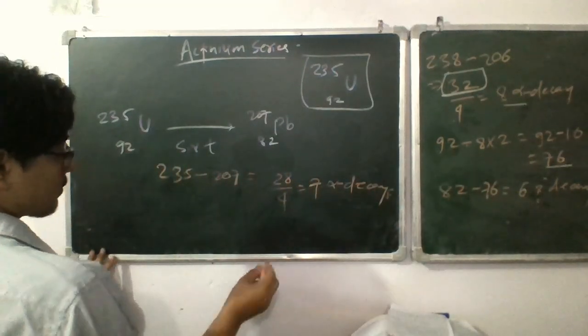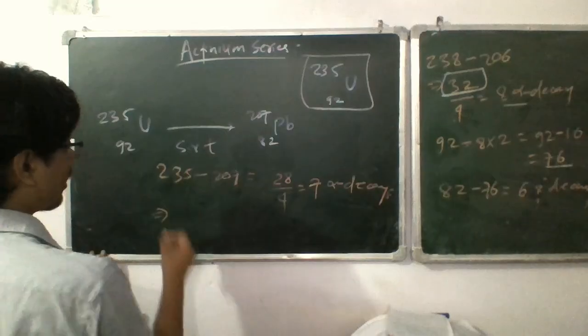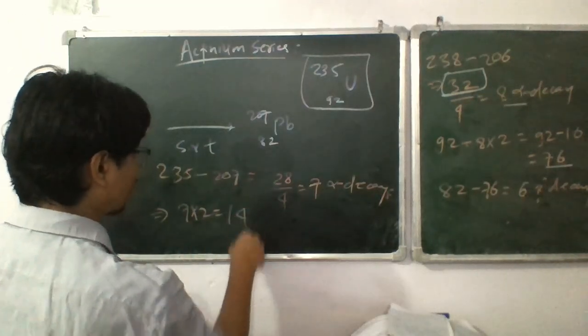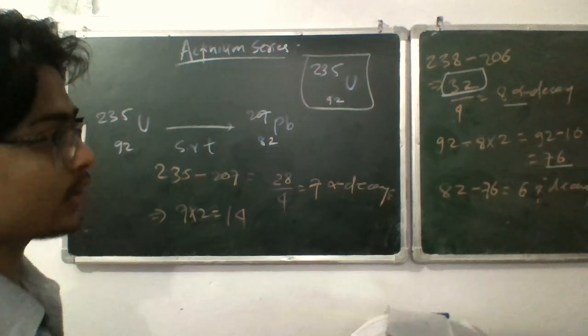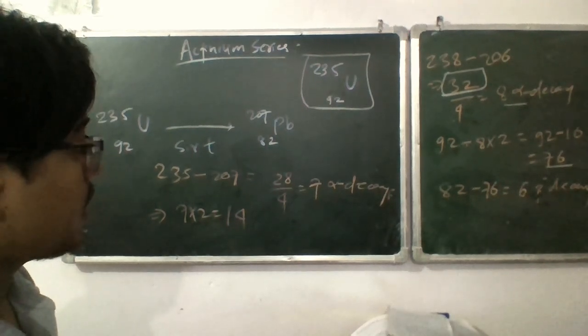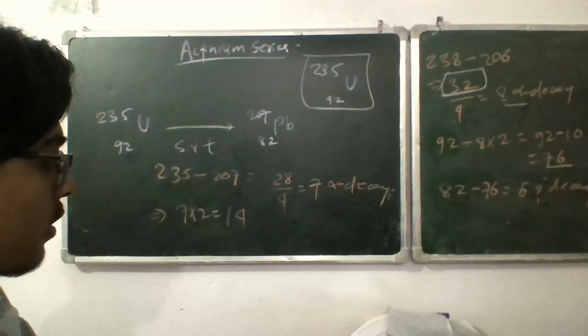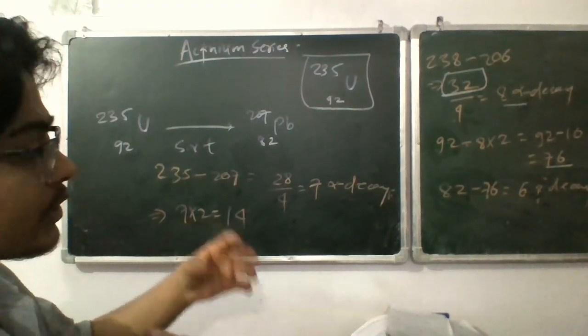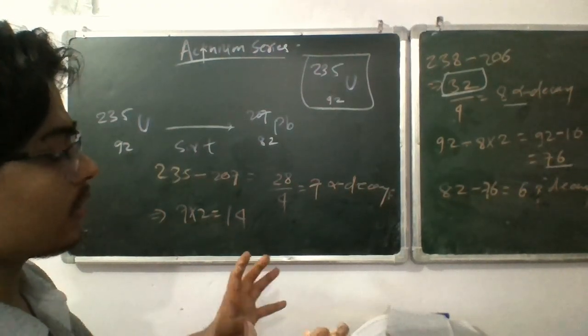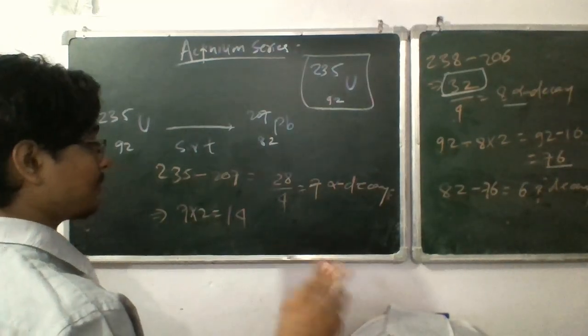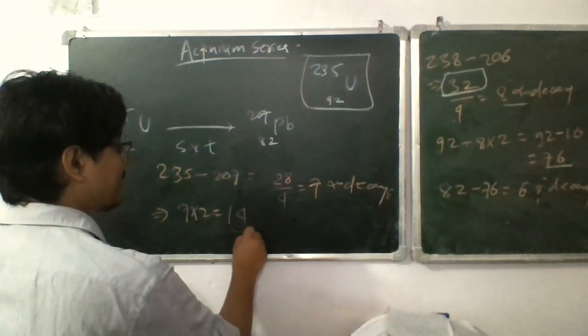As a result of these 7 alpha decays, we would assume that 14 of the protons have been changed into neutrons. That means we have a neutron-rich nuclei, and as a result the neutrons are again changed into protons, and that means we are also getting some beta decays.